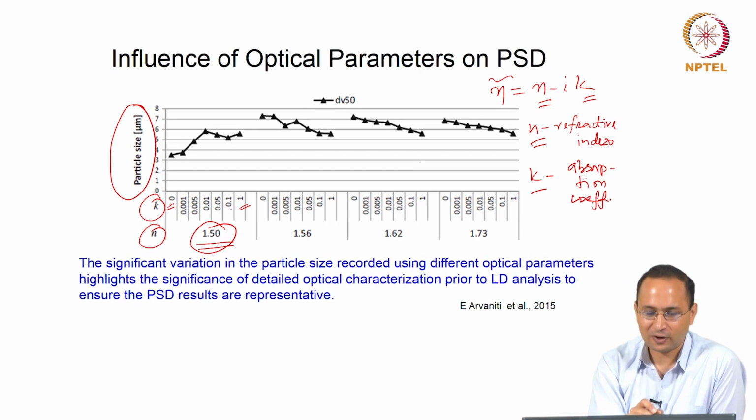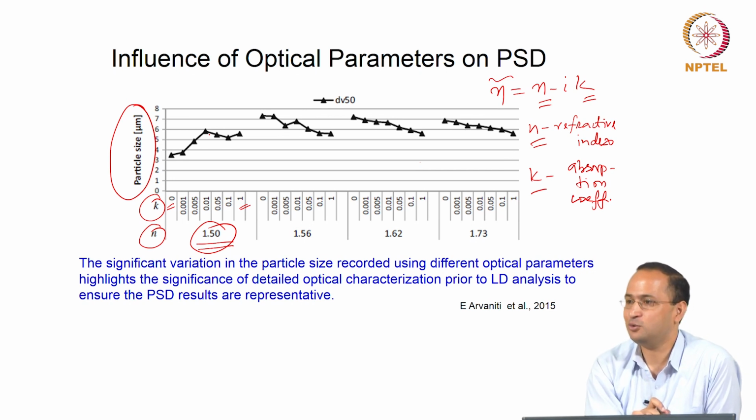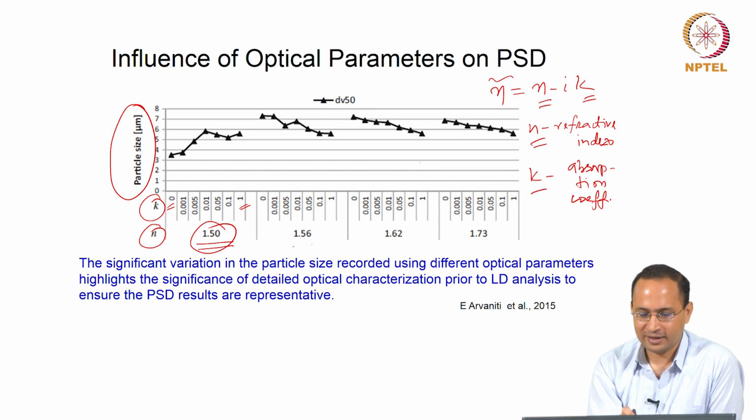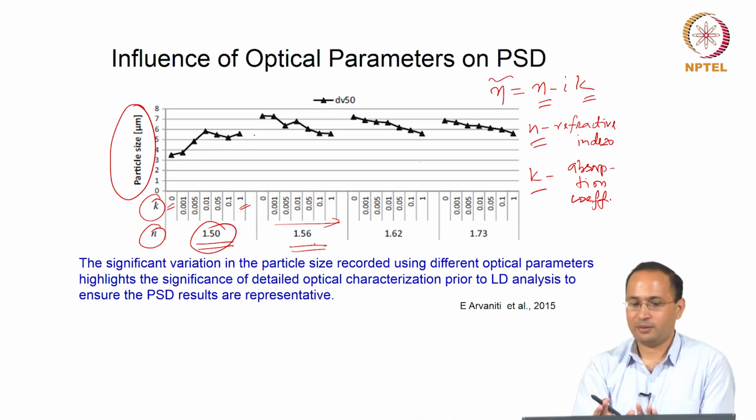See the effect of that on the particle size. You can clearly see there is an effect on particle size based on the value you choose. The second one is for N of 1.56, and what happens when you change K from 0 to 1.